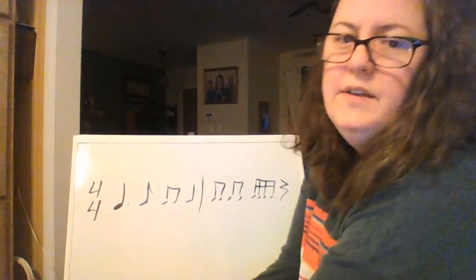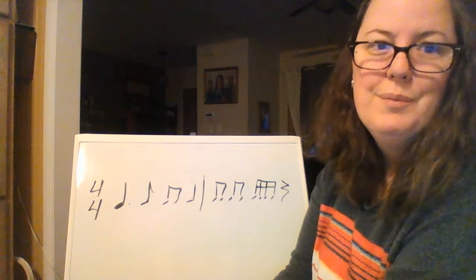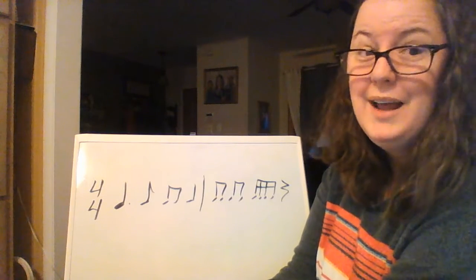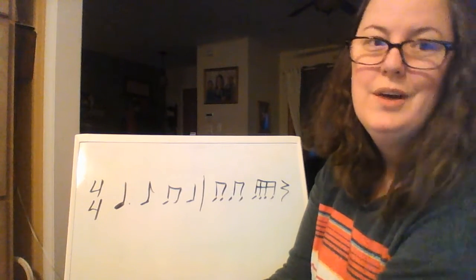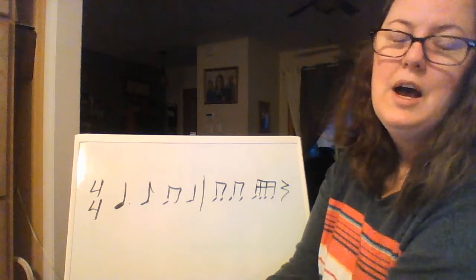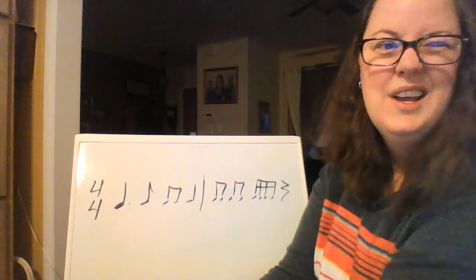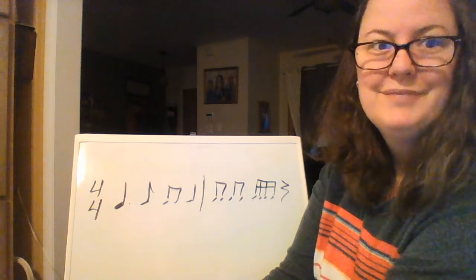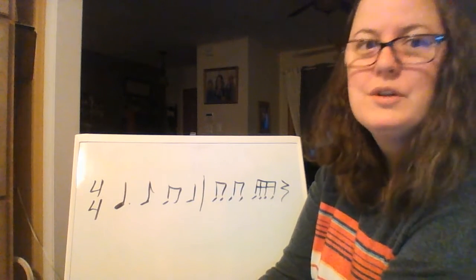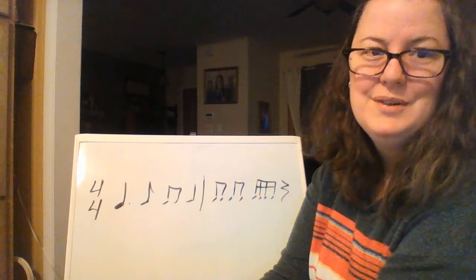My advice is for you to take the video and put it on pause, write this one out on a piece of paper, and go ahead and do your counting underneath right now. I'm going to try and send you some worksheets to go with this, but in case that doesn't work, at least you have something that you can still do. So go ahead and pause the video, do it on your own first, and then we'll do it together.